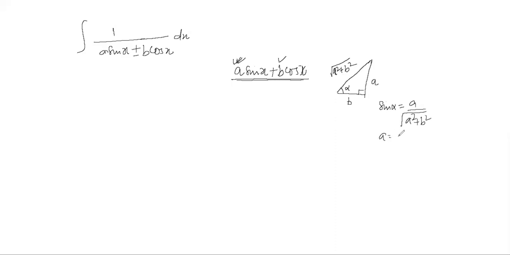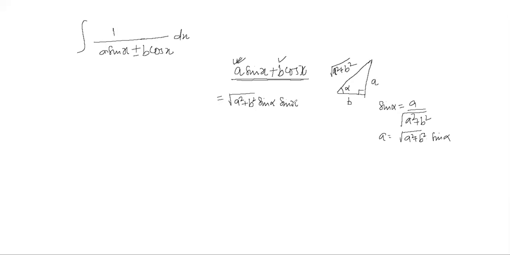That implies a equals root under a square plus b square into sine alpha. So in place of a, I can write root under a square plus b square into sine alpha.